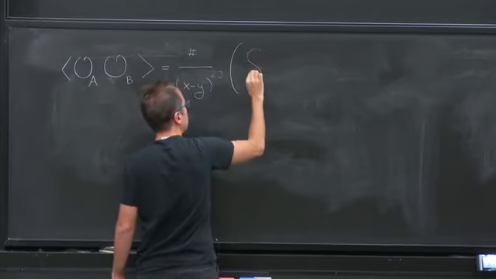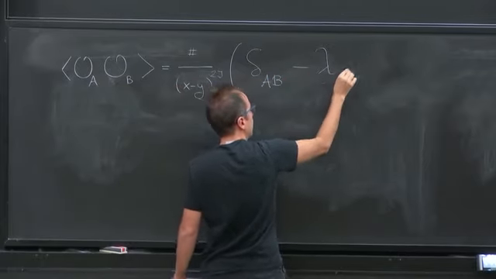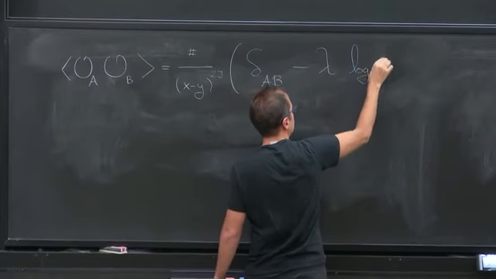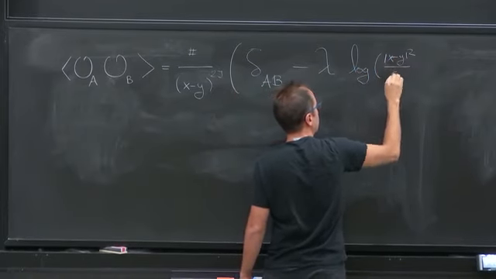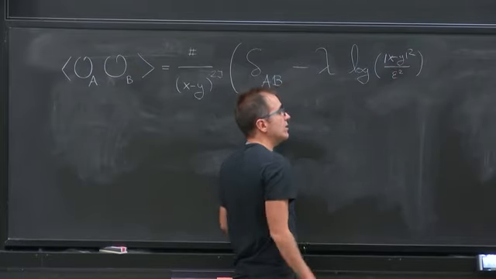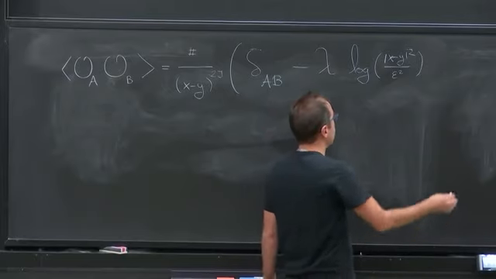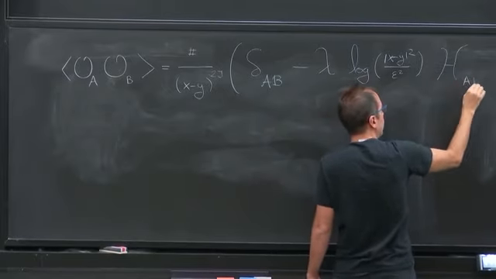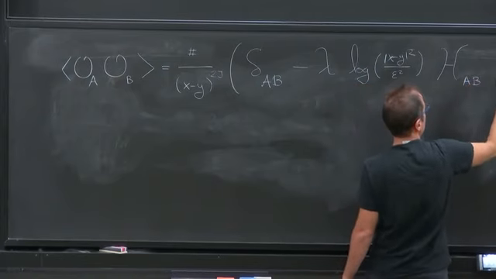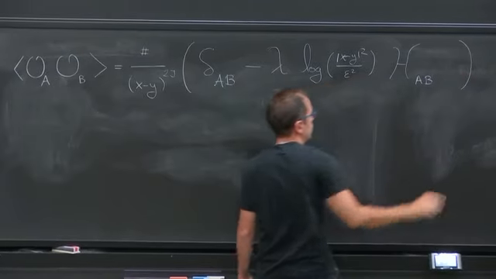And then there was this delta AB minus lambda, the log of x minus y squared divided by epsilon squared. But now, instead of a number, like we were getting in our toy example of phi squared, etc., we are getting some big matrix H, AB. Plus, and then, okay, at one loop, it's this.